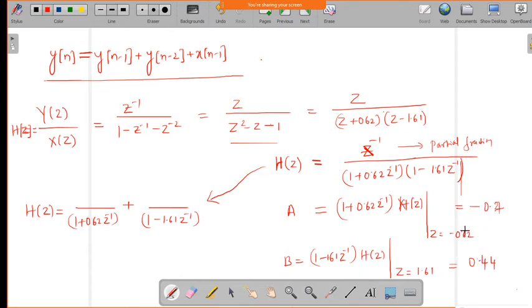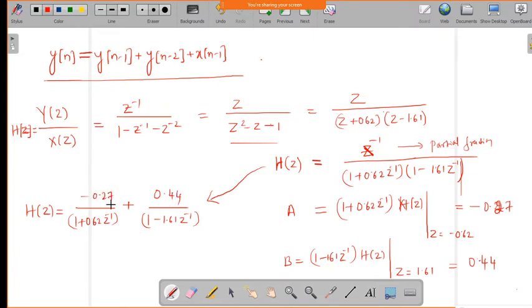Is it the same value for a and b? This is 0.27, Sir, and this is 0.44, Sir. Okay, so all of you got the same thing.